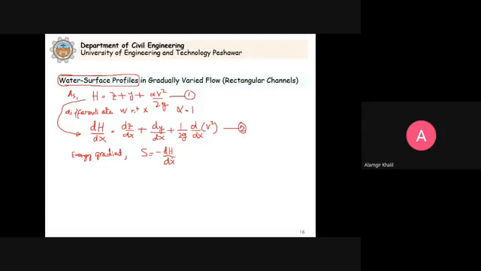And we already stated that this is exactly equal to L, not X. This is actually L. But since in open channel we say that L is approximately equal to delta X, we can write this as approximately equal to minus dH divided by dx.